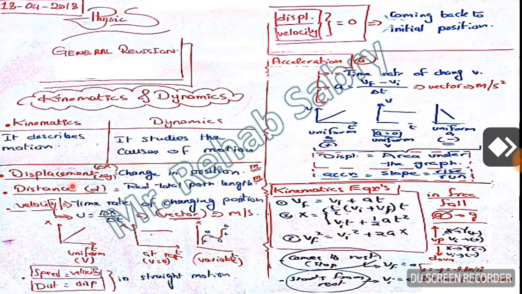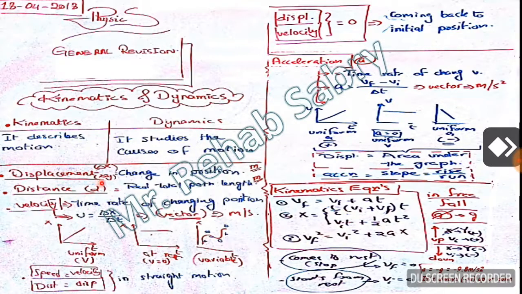So any problem that shows you the object is moving in a straight line, you can use displacement, or in other words the magnitude of displacement, which is distance. You can use any one instead of the other, and so on.